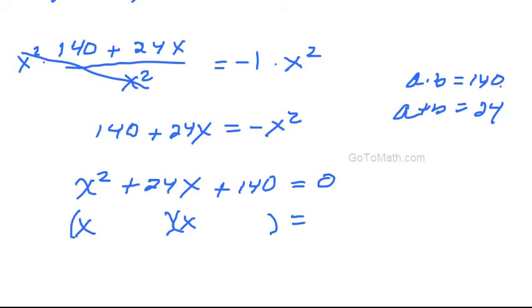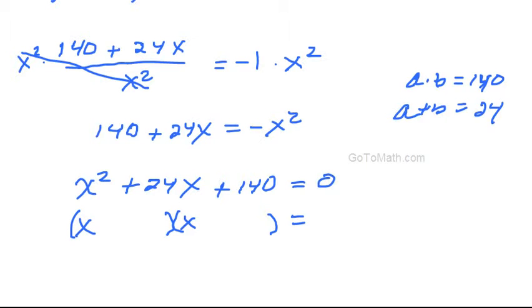So we're going to need to start breaking 140 down. We add them, we get 24, so we need to break that down as much as we possibly can. Let's see, 140, 70, is that right? Well, that's not going to give me 24.